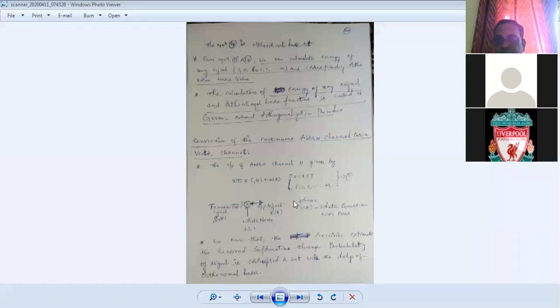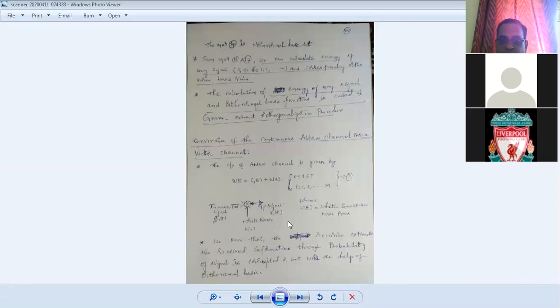This matrix will come each time. Each element Si of j will be taken along with the basis functions. Si of j is the element, the number you receive. The basis function will help you check whether the received information is correct.